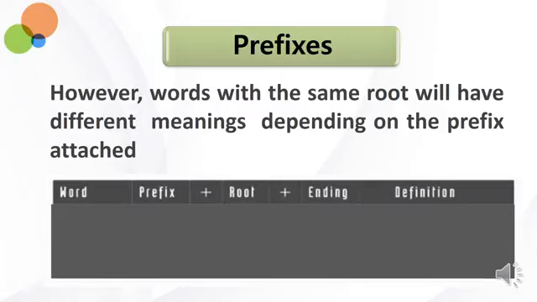However, words with the same root will have different meanings depending on the prefix attached. It means that if I add different prefixes to the same root, I will have different meanings. Let's see the examples presented in this table.